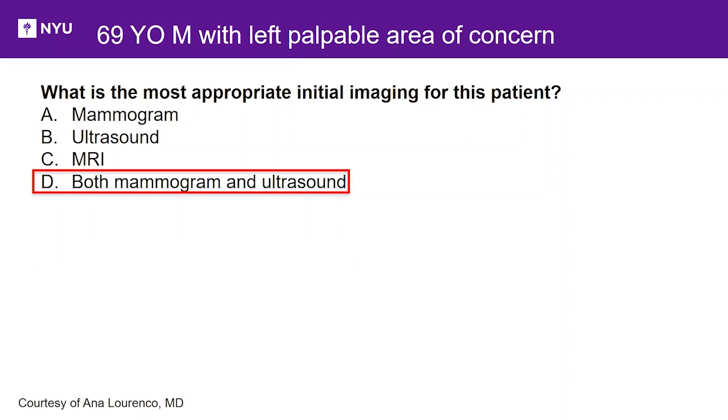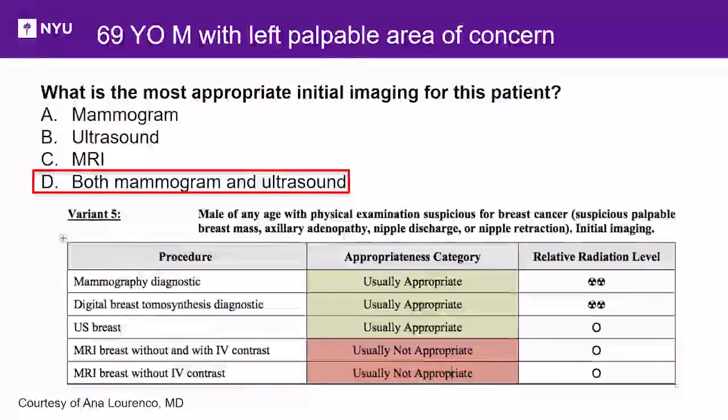So here, we're actually going to recommend both mammogram and ultrasound should be performed. This is the last variant in the appropriateness criteria. And here, we're going to say that a man of any age, there's going to be suspicion for breast cancer based upon the clinical breast exam. And we're talking about initial imaging.